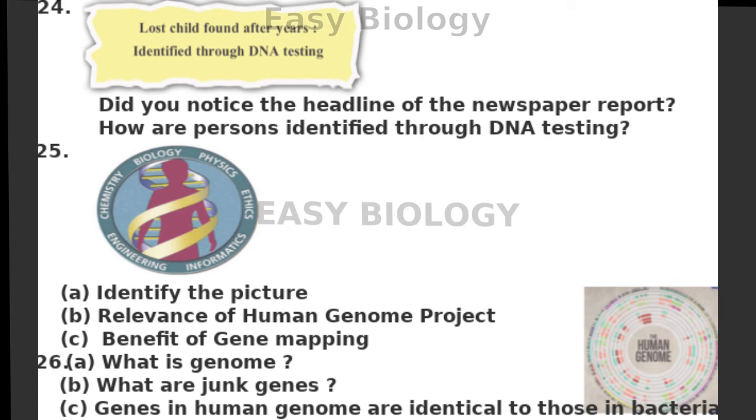Answer: in human DNA, the majority of genes except the genes that code for protein are non-functional. They are called junk genes. Question 26c. Genes in human genome identical to those in bacteria. Answer: about 200 genes in human genome are identical to those in bacteria.